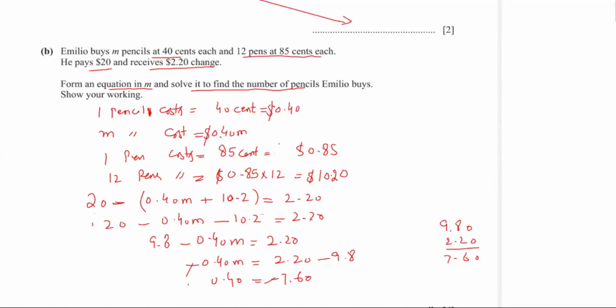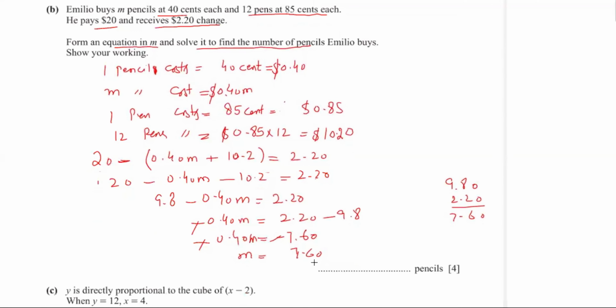The minus will be cancelled, and the m value will be equal to 7.60 divided by 0.40, and that's 760 over 40. 4 times 1 is 4, 4 times 1 is 4, 4 times 9 is 36. Now the value m equals 19, and these are the 19 pencils we have to purchase, and the 19 is the answer.